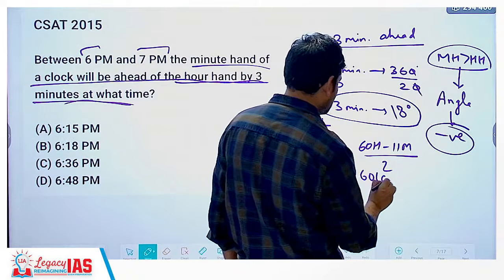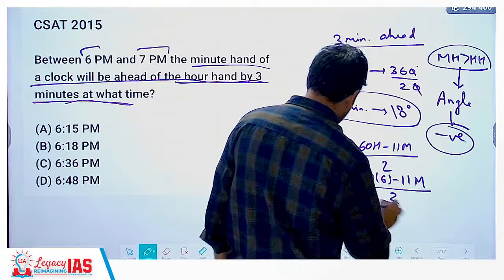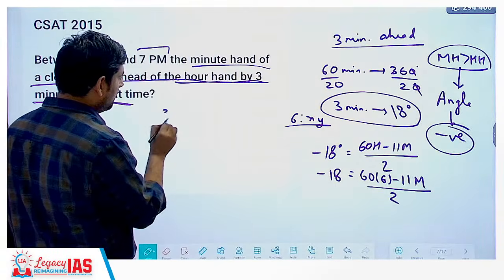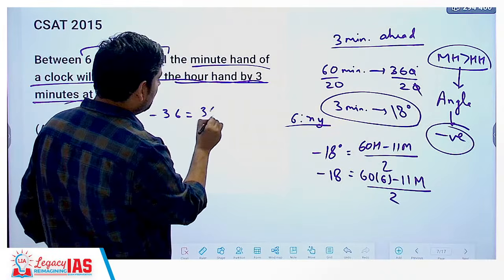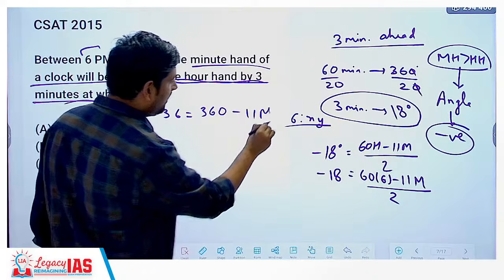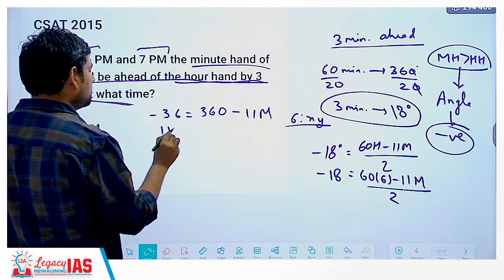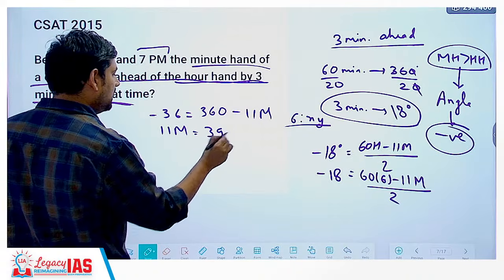So just put the values, very easy now. 60 into 6 minus 11m by 2 is equal to minus 18. 18 into 2 becomes what? Minus of 36 is equal to 60 into 6, which is 360, minus 11m. Correct? Now 11m you can send here, so it becomes 11m. 360 plus 36 is 396.